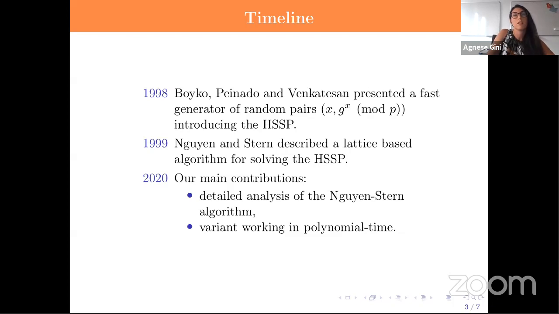Despite being quite efficient for small n, at the time they were not capable of breaking the problem for n greater than 90. So in our paper, we provided a detailed analysis of the Nguyen-Stern algorithm, explaining this practical behavior. We found the bottleneck of the algorithm and solved it, providing a variant which works in polynomial time.